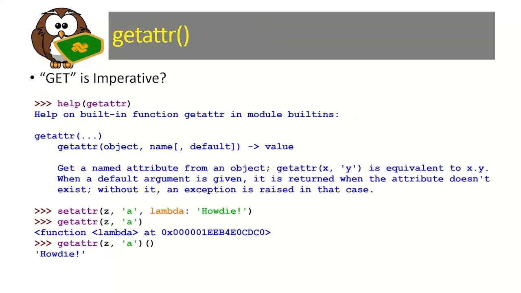Get attribute is one of those exceptional operations because of the four adders. If we're going to ask to get something, we're going to ask to retrieve whatever has been set. In this case, with our A, would return our lambda expression, which, of course, if we executed right away, as we see here on the bottom, would simply return the string associated with the function.